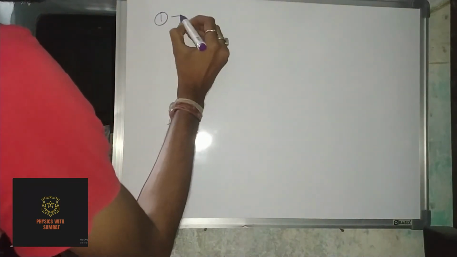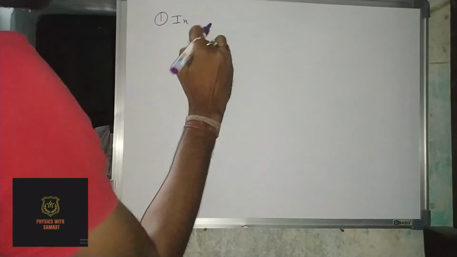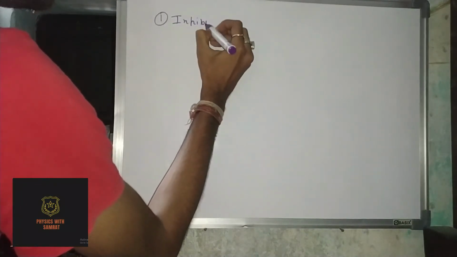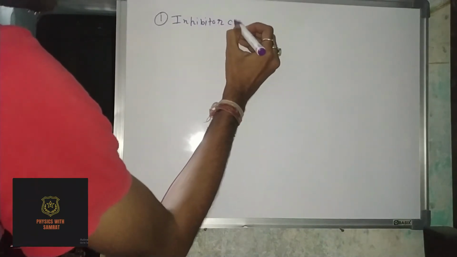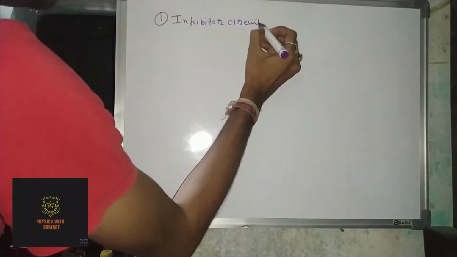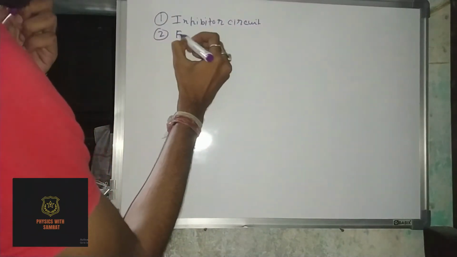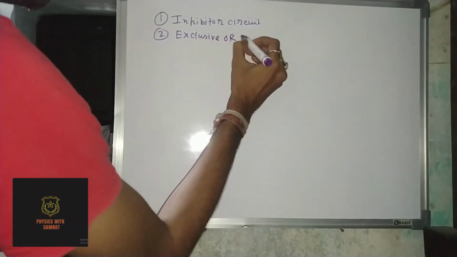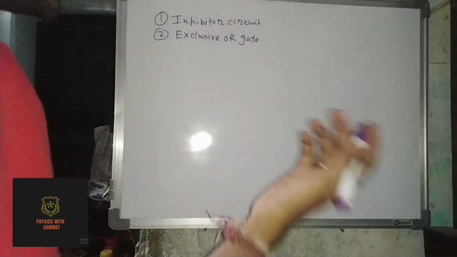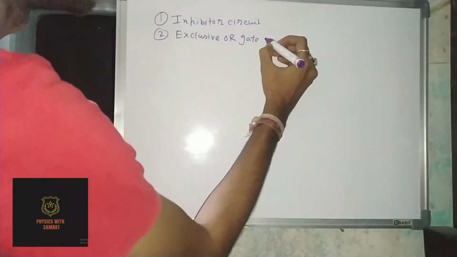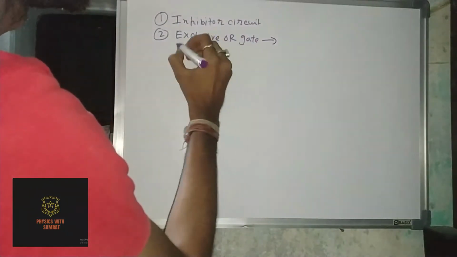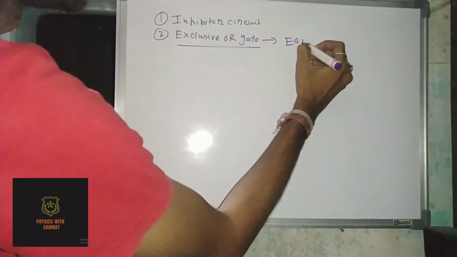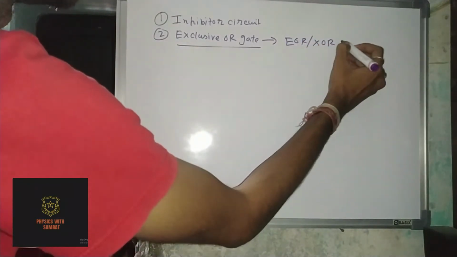Three main topics. First one, inhibitor circuit. Second one is exclusive OR gate, or you all know the name XOR gate.